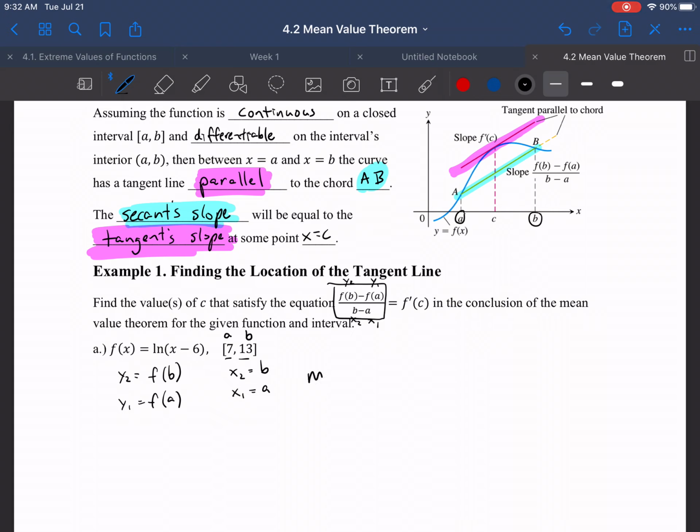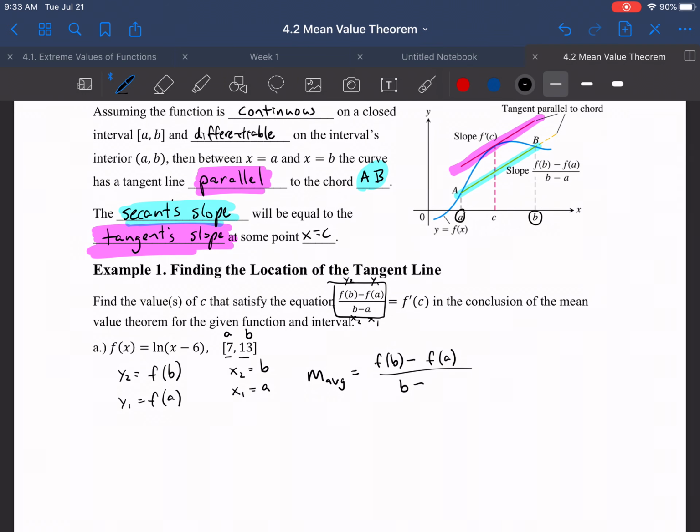So the average slope is going to be y2, which is f of b, minus y1, which is f of a, all divided by x2, b, minus x1, a. All right, that's all it is, change in y over change in x.